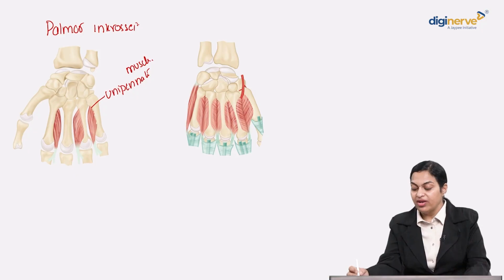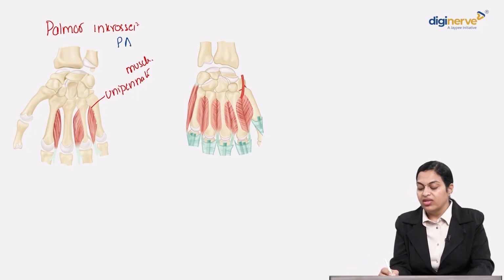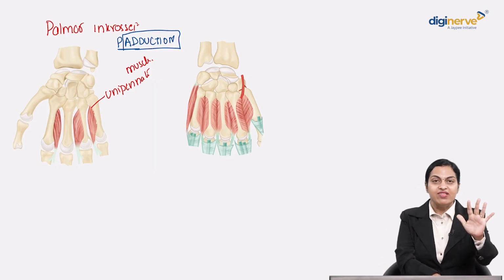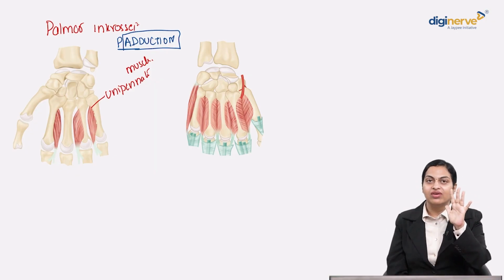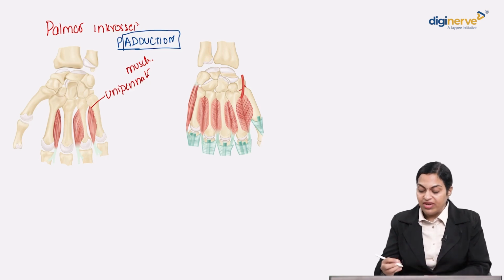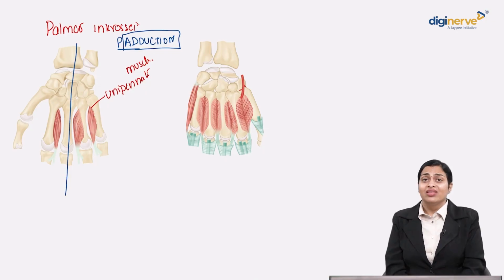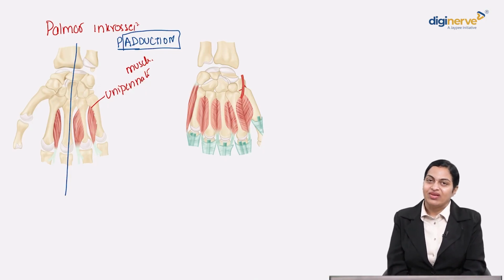The palmar interossei, the mnemonic is PAD. They cause adduction of the digits. The axis passes through the middle finger. All the fingers moving towards the middle finger is called adduction. Since the middle finger lies in the axis, you can appreciate that there is no palmar interossei for the middle finger.